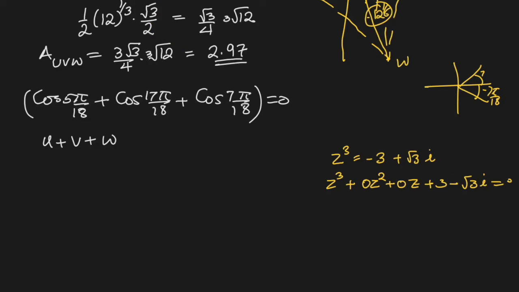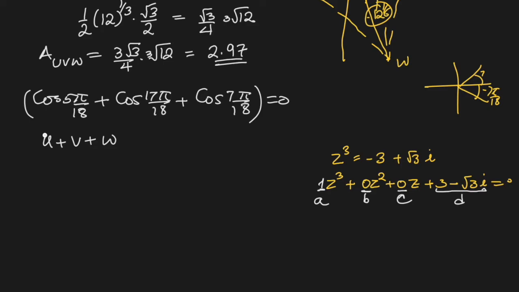This becomes our cubic equation in which the coefficient of z cube is 1, which is a for us. The coefficient of z square is b, the coefficient of z is c, and the constant part is d.